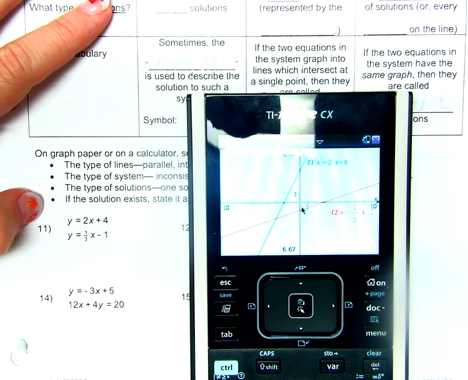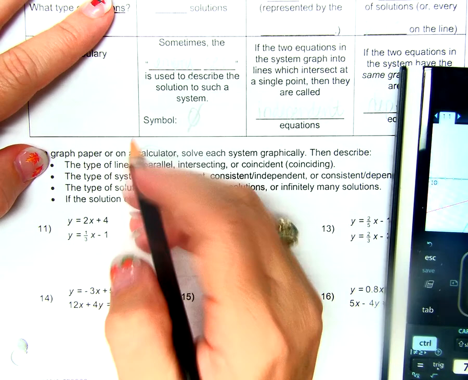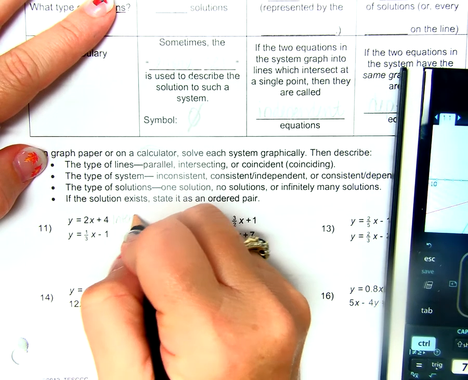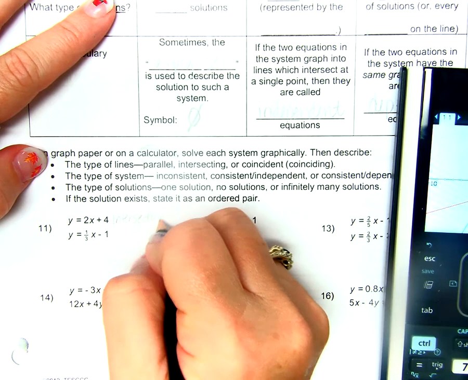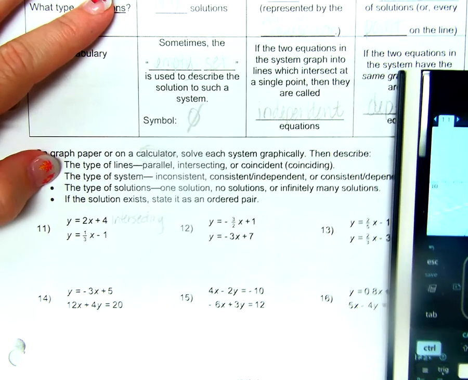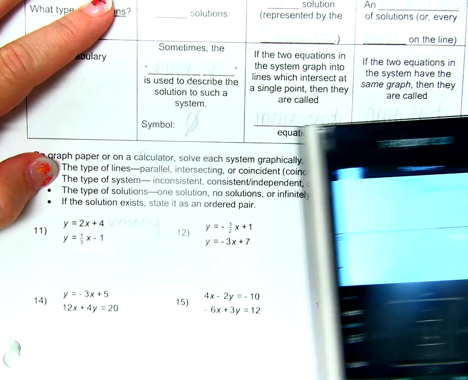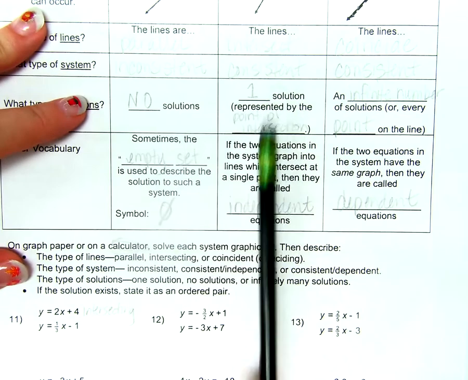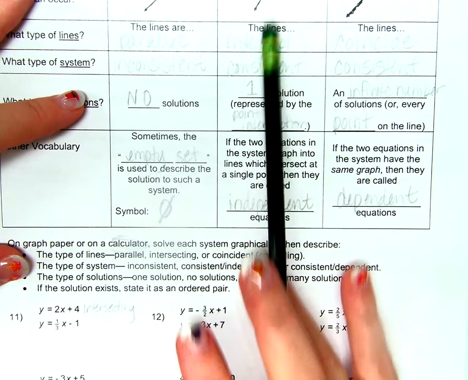So the first thing you know is, what type of lines do I have? Intersecting. What type of solution do I have? If it's intersecting, it's this column, isn't it?